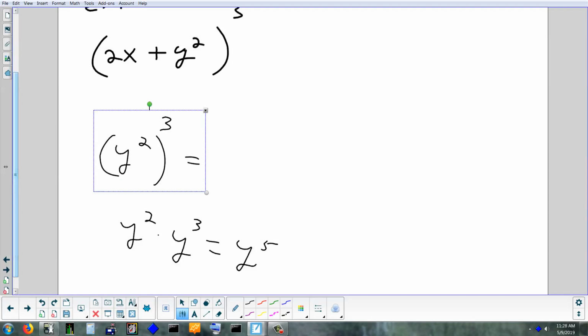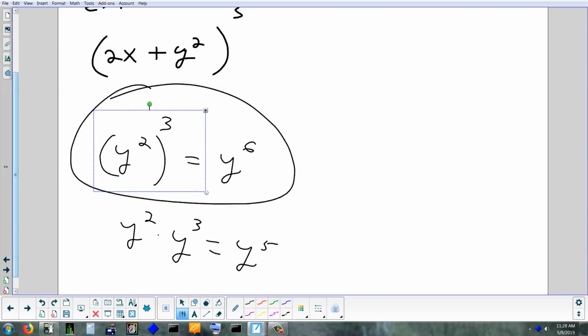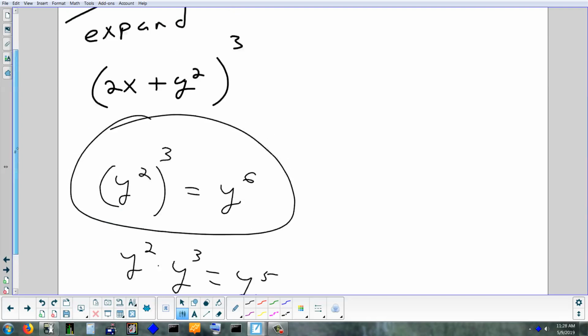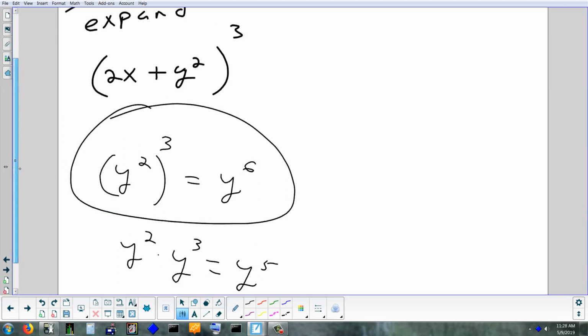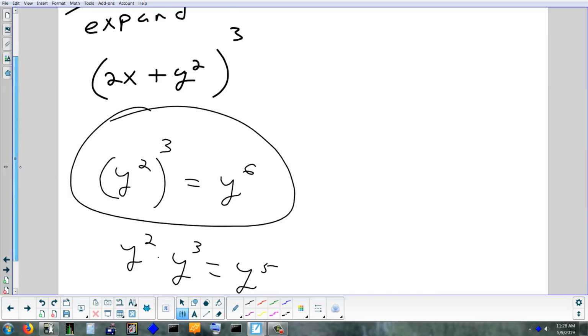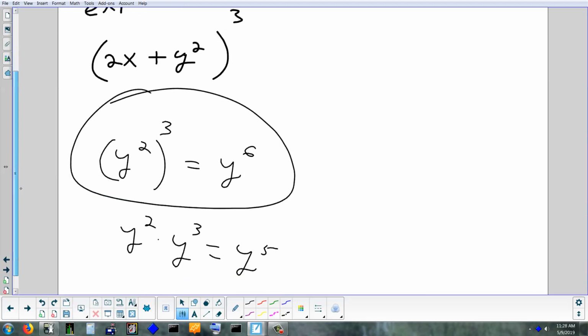But when it's a power to a power, you multiply them. So this situation is going to come up, not with the x's, just with the y's. Any questions on how you would do that one though? Okay.